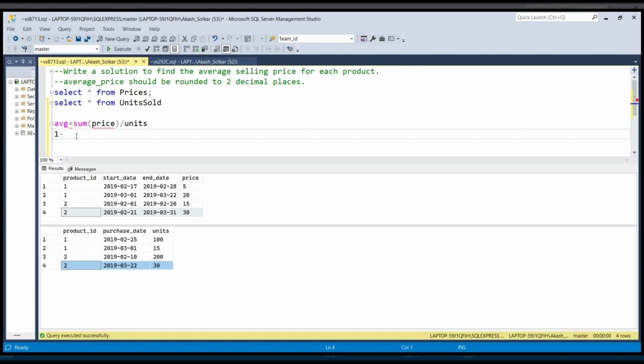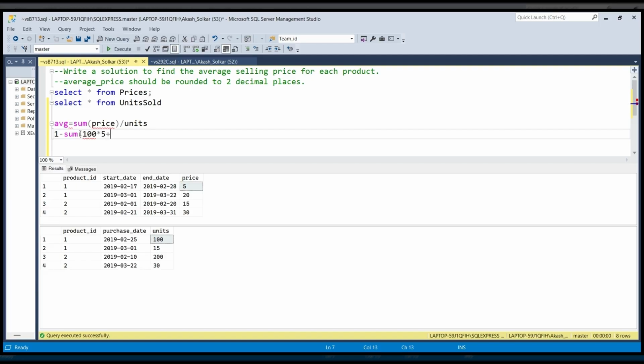So if you see for product ID 1, 100 units sold when the price was 15. We can say the sum of, like, 100 products sold when the price was 5.